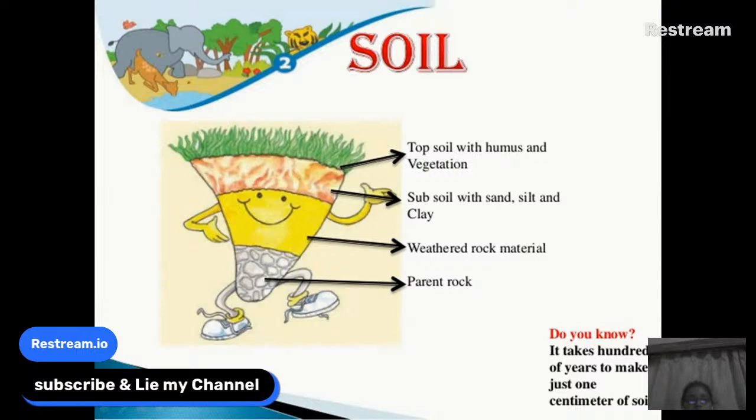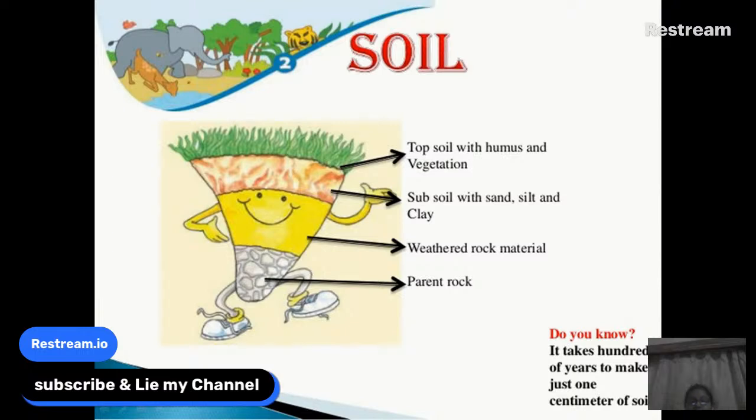Okay, in the previous slide also we learned about the soil. Next is soil formation. Since we are talking about soil, what is the formation of it? Soil formation is the process by which rocks and minerals are changed to soil over a period of time.